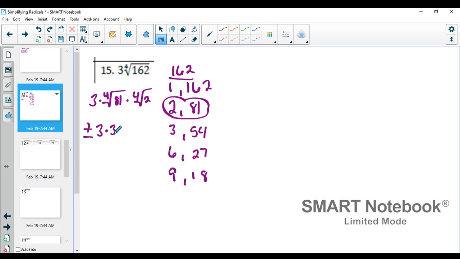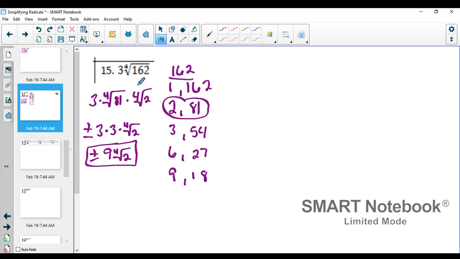We have times 3, times the fourth root of 2. And then just multiply the 3 times 3. So we have plus or minus 9 fourth root of 2. And there we go. It's our final answer for that one.